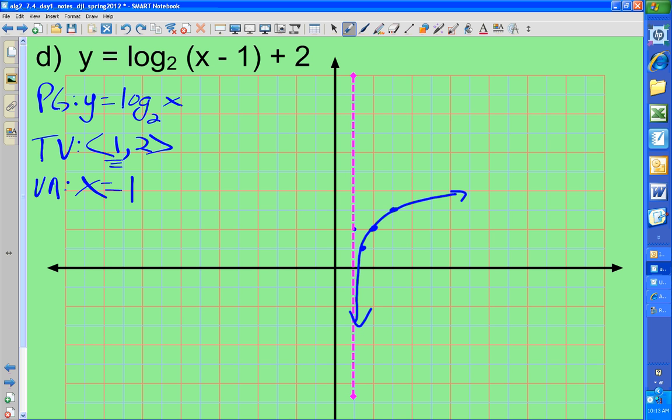What's the domain? X is greater than 1. What's the range? Reals. The x's go this way. They start at the asymptote, push to the right. Greater than 1. Range is always all reals.